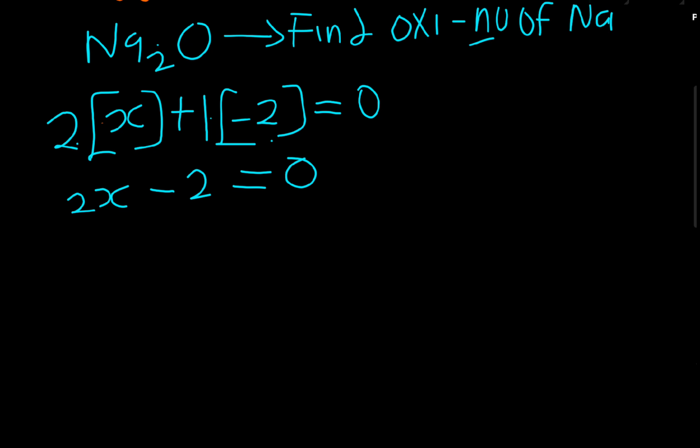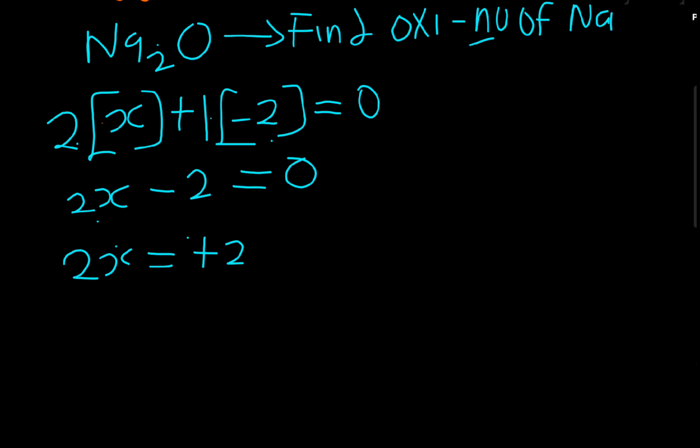And next we'll try to isolate X. First we'll carry this -2 to the other side. If we cross this equal sign to the other side, it becomes +2. So here it is: 2X equals +2.